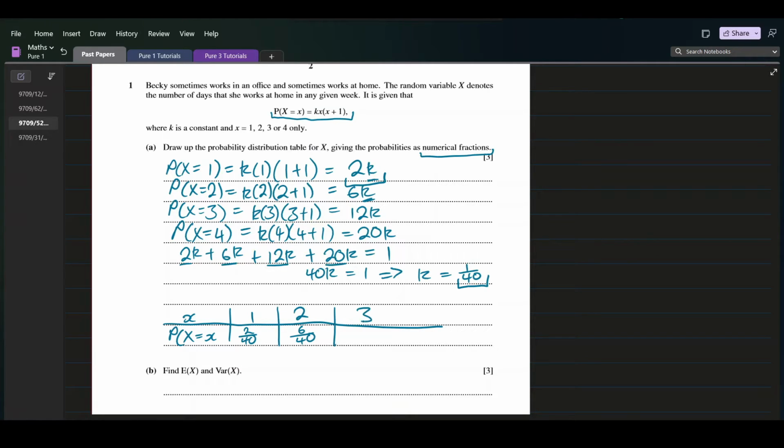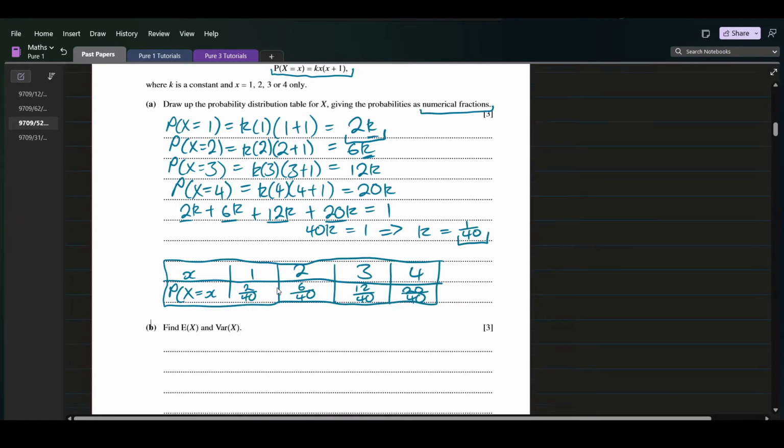Then when x is 3, that's 12 over 40. And when x is 4, that's 20 over 40. This would be our probability distribution table. Let's just draw the outer lines so that it looks like a table, and that will be your final answer.